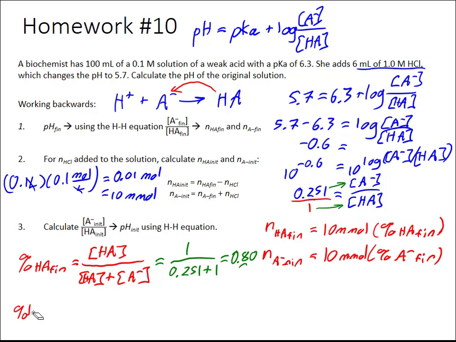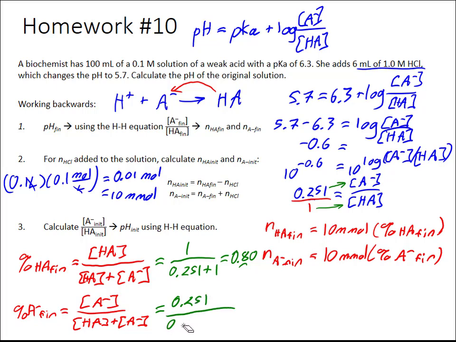I can likewise express final percent of A minus as concentration of conjugate base over HA plus A minus, and that would be equal to 0.251 over 0.251 plus 1.